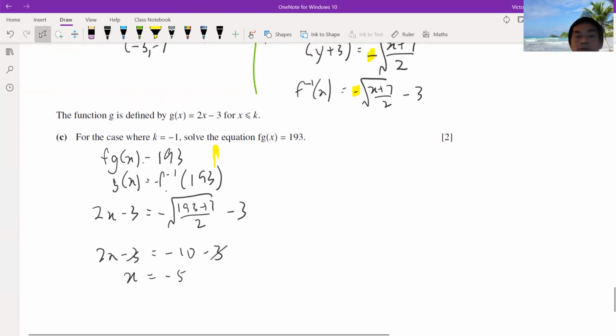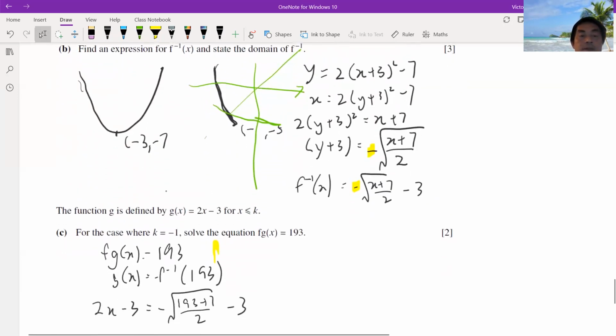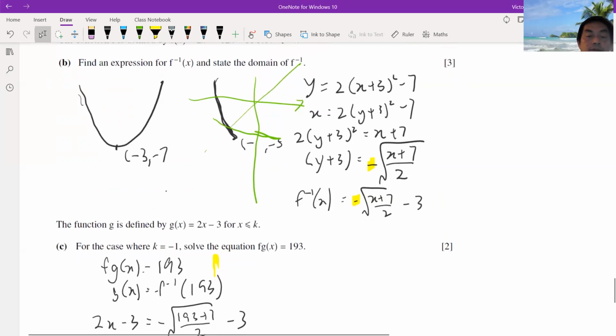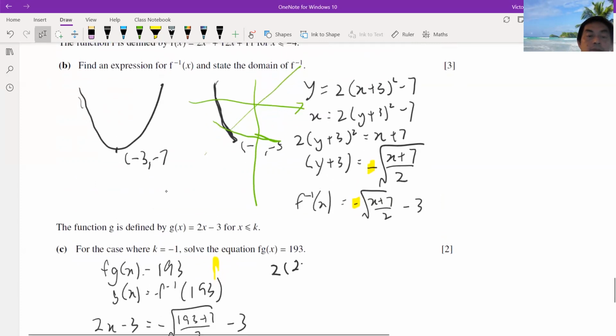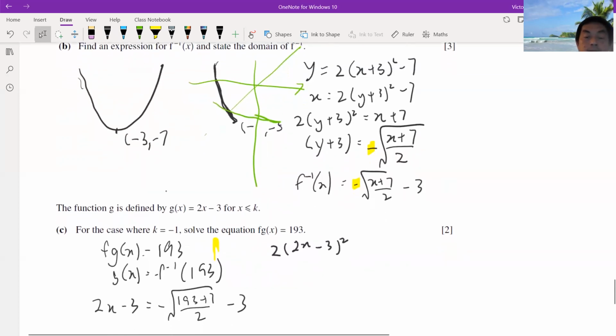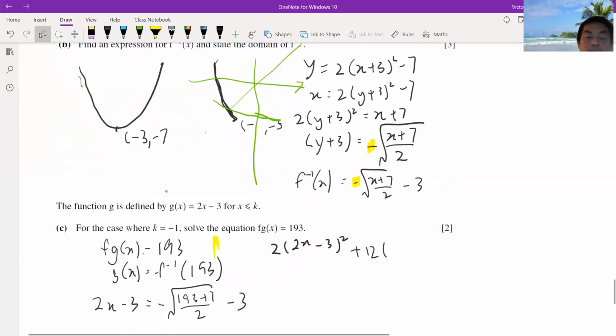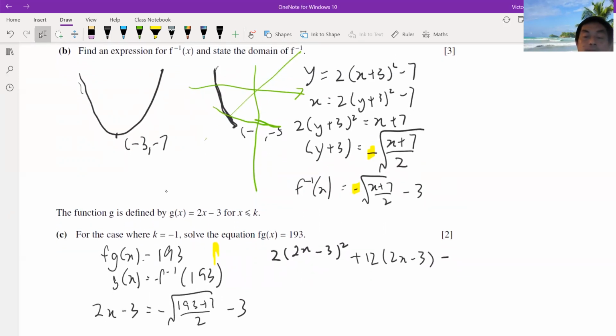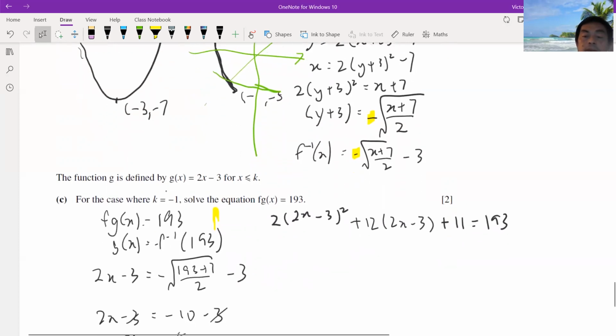Now if you choose the other route where you find the composite function f(g(x)), then you will have 2(2x - 3) squared plus 12(2x - 3) plus 11 equals 193.